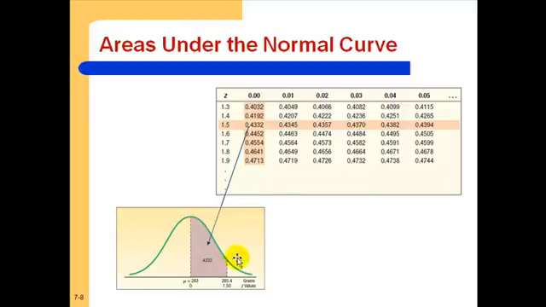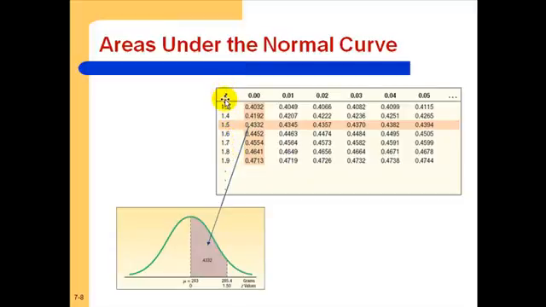How do we do that? We turn this value into the z-value using the z-value formula, x minus mu over sigma. Once you find the z-value, then use the z-table.